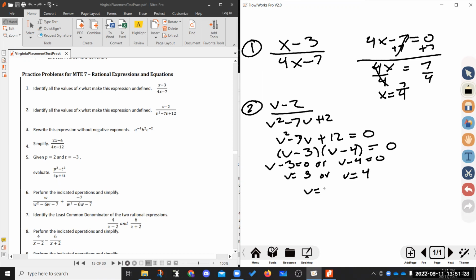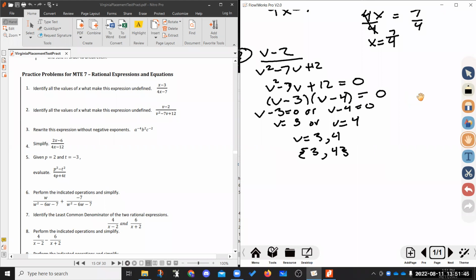And I can just write that as v equals 3, 4, like that. Or we can write it in set notation like this. Writing this one in set notation here, like that.